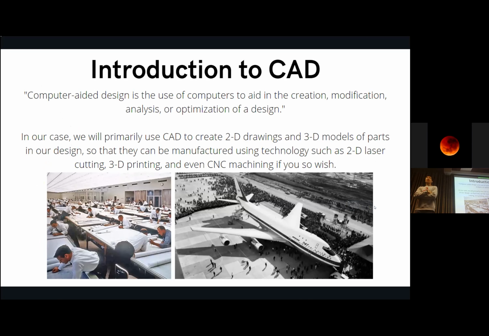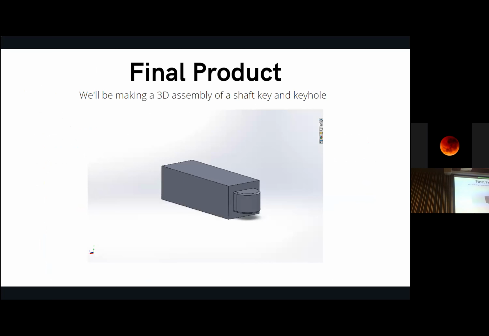So for CAD, we'll be using CAD to create 2D drawings and 3D drawings. We're going to use SolidWorks, and we'll be making a shaft key and a keyhole. I'll be demonstrating that on SolidWorks.